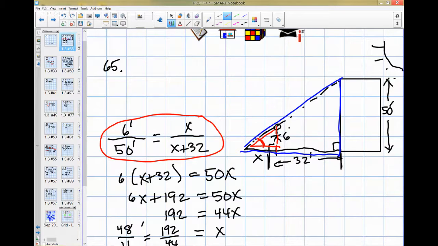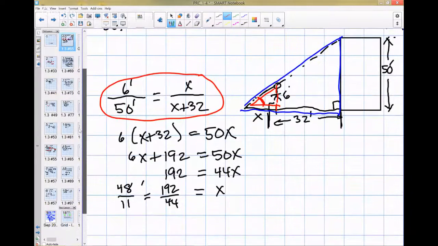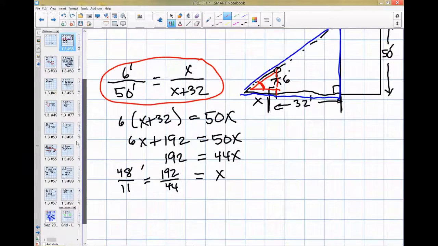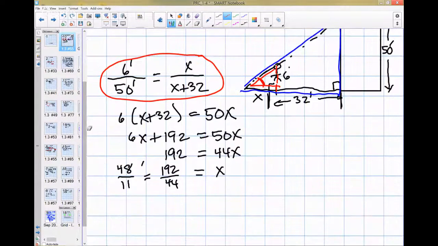Once you have a proportion, you can do cross multiplication. So that's what I did as we moved forward here. I took the top left, 6, times the bottom right, X plus 32, and that equals the bottom left times the top right. From there on in, it's simple algebra.